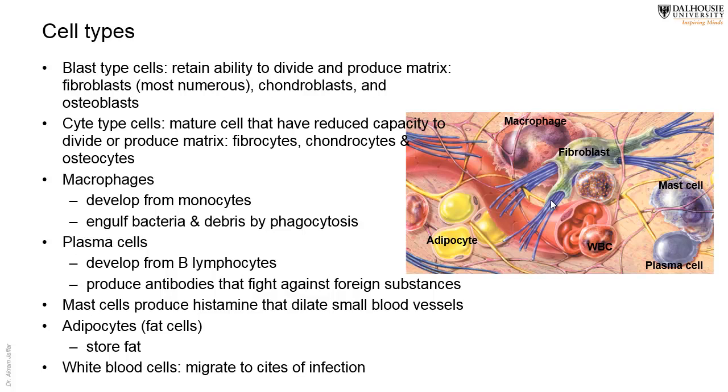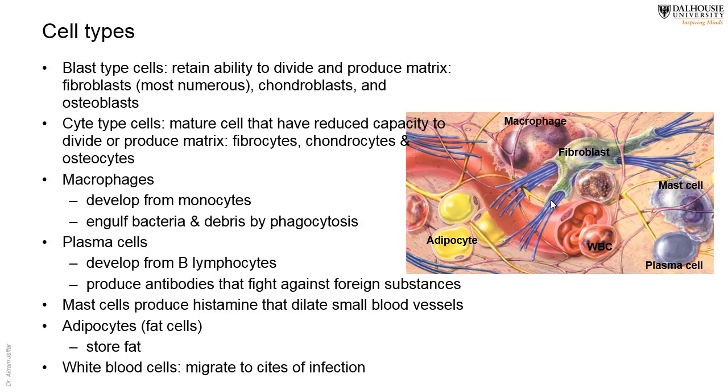Chondroblasts are present in cartilage. Osteoblasts are present in bone. So these are the blast type of cells. The other type of cells are called the cyte type of cells, like fibrocyte, osteocyte, chondrocyte. Again, chondrocyte is present in the cartilage, osteocyte is present in the bone, and they have very limited ability to divide or to produce the extracellular matrix. They are more mature cells.